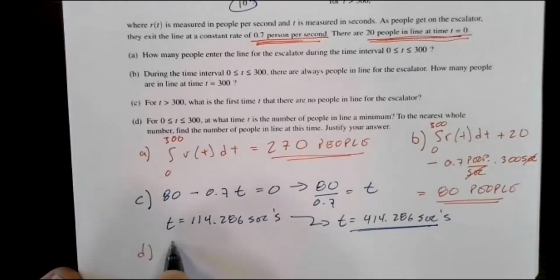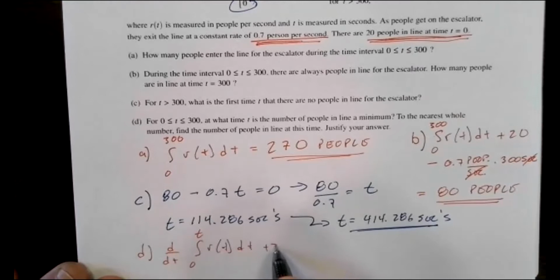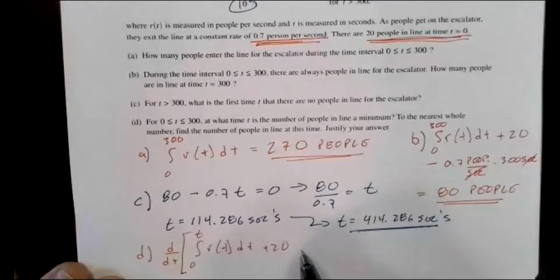So we take the derivative with respect to t of the integral from 0 to t, because now we don't know, of r of t dt plus 20, minus 0.7 t.